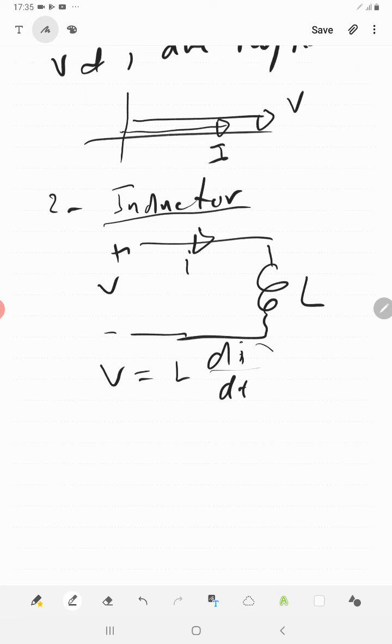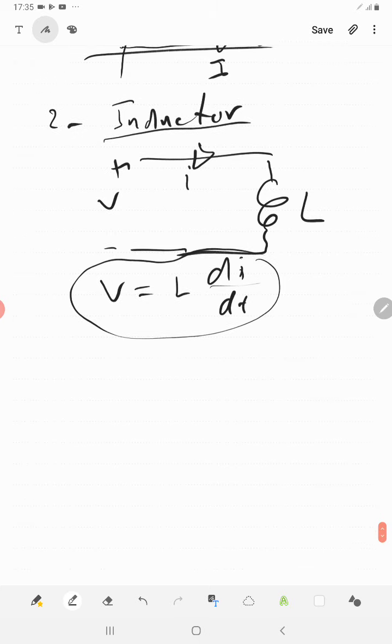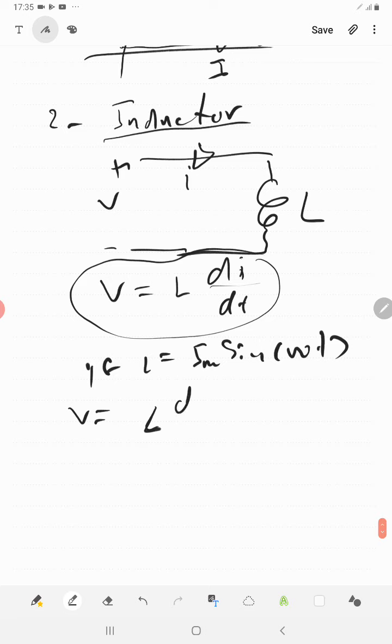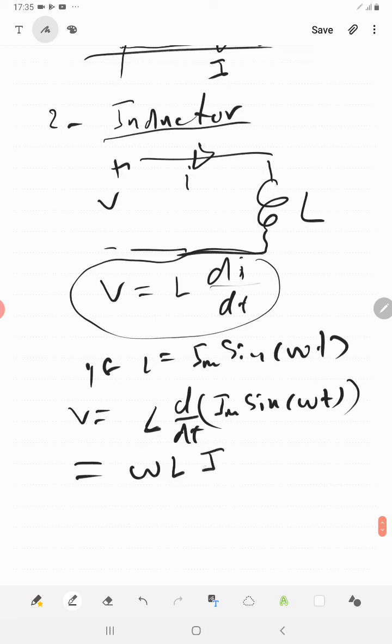This is the condition or the law of an inductor, the voltage-current relationship. Now, if I is equal to I maximum sine omega t, then V is equal to what? L times the derivative of I maximum sine omega t with respect to t. So this will give you omega L I maximum sine.